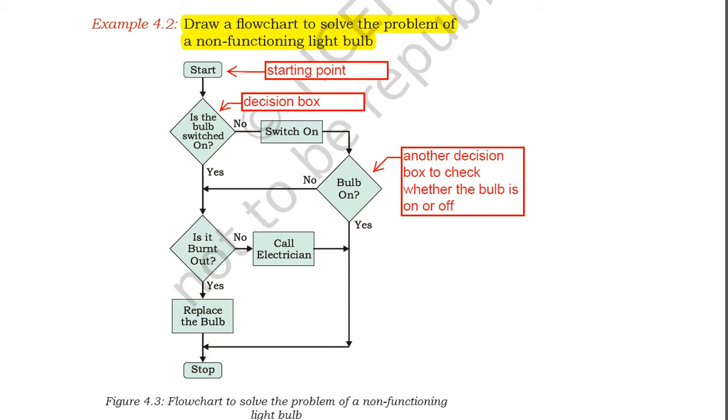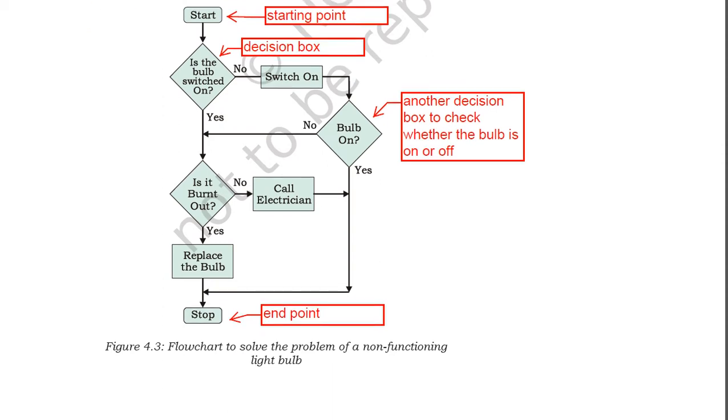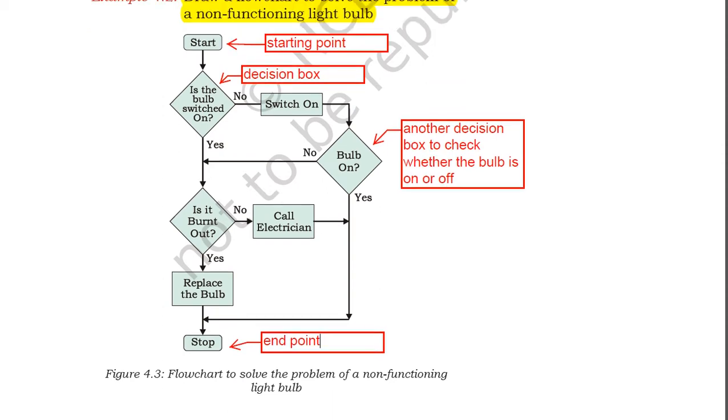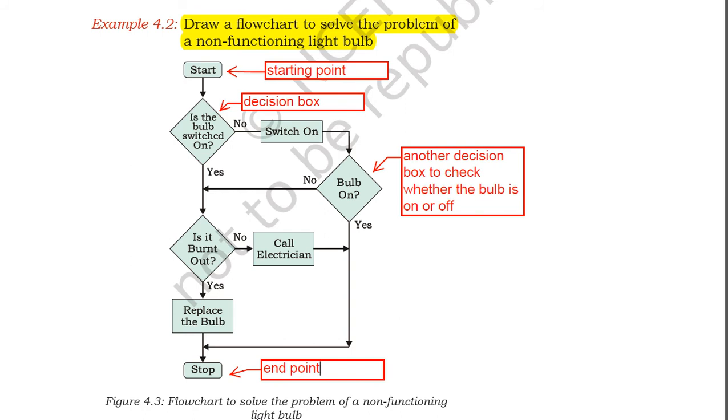So this is the ending point, the end point. Okay, so in this way, we have to draw a flowchart. All these things are known as decision boxes. We have already discussed it.